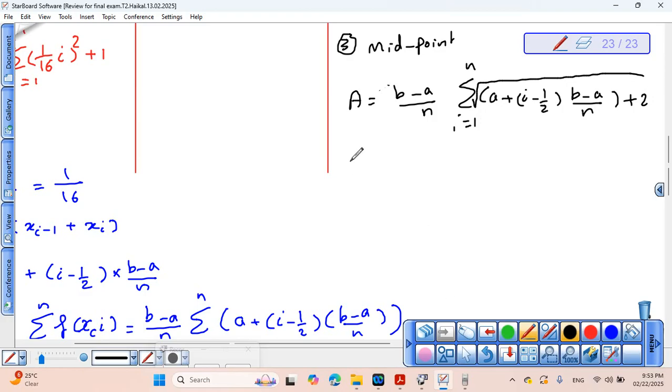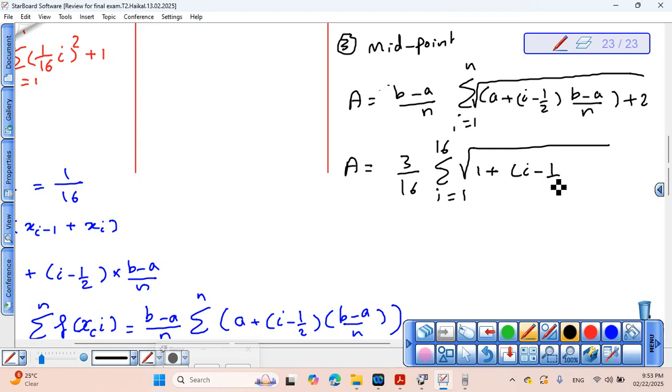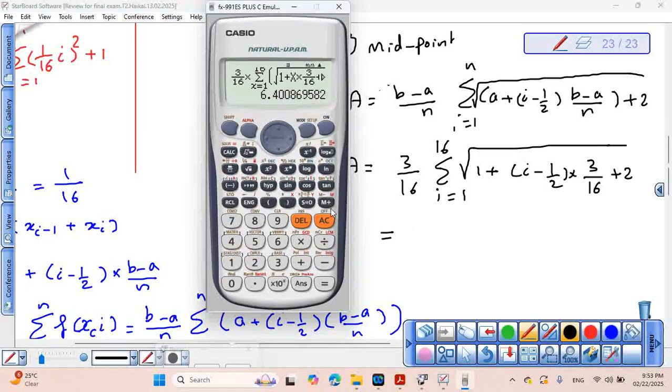Area equals 3 over 16 summation from 1 to 16, radical, a is 1, 1 plus (i minus half) times 3 over 16, plus 2. This is the answer. You can find it by using calculator.